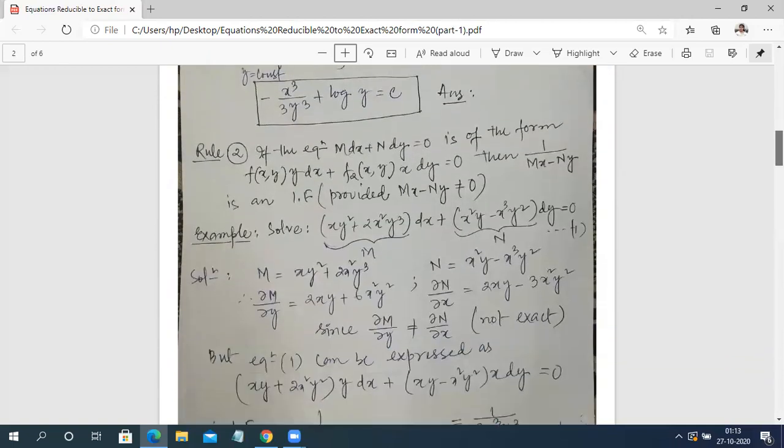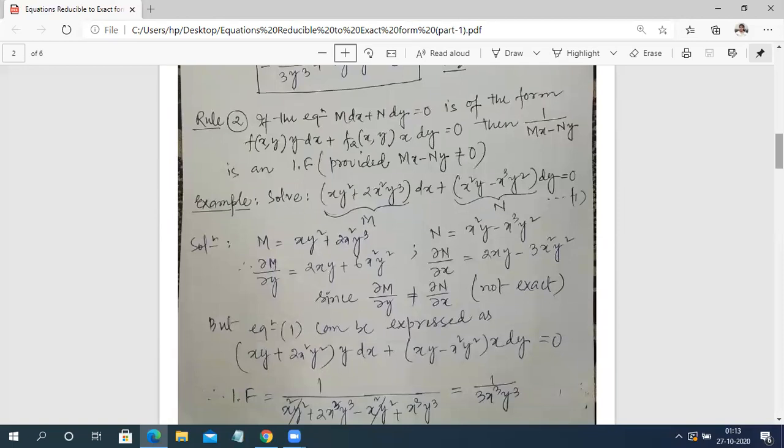So the next rule is, if the given equation, which is of the form M dx plus N dy is equal to 0, is of the form f1(xy) into y dx, here you can write f1 just to differentiate M1 and f1 and f2.